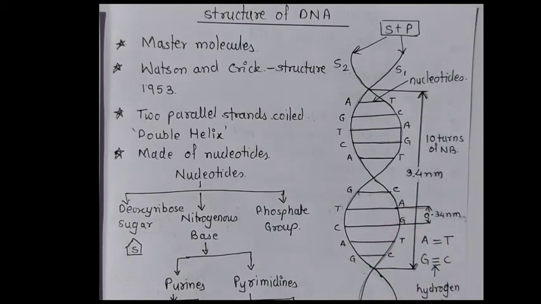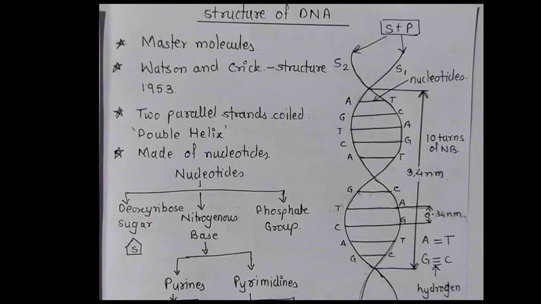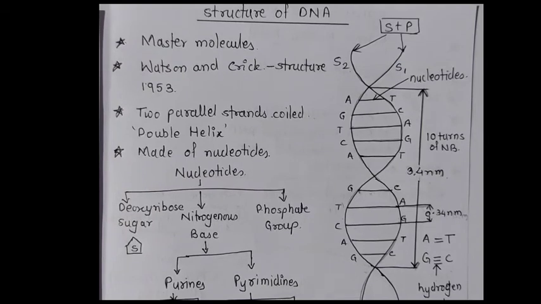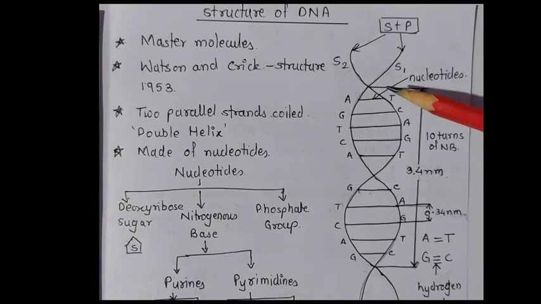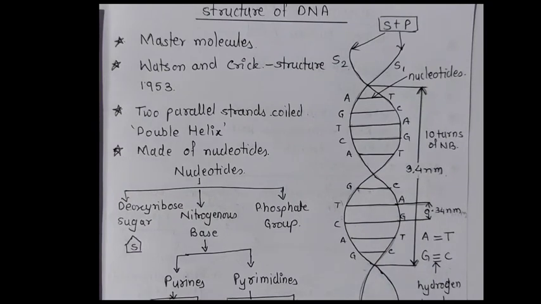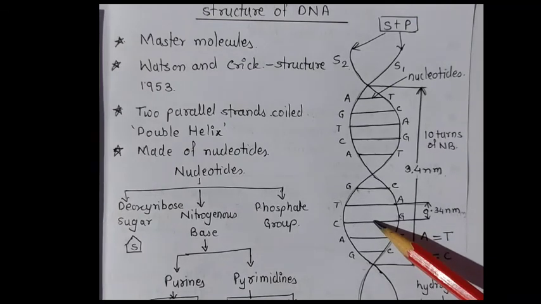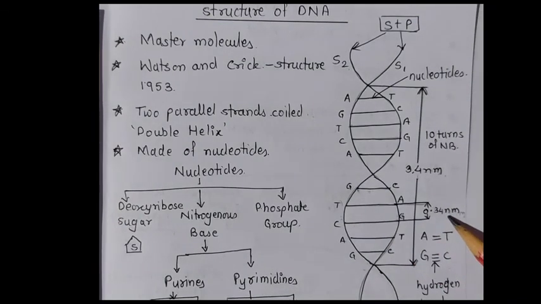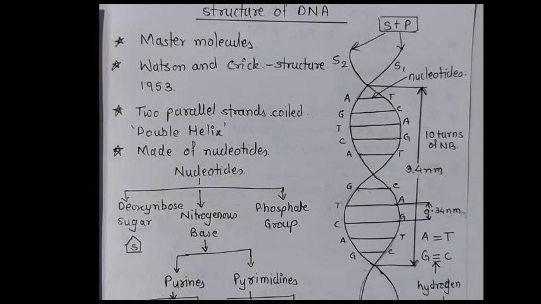The total length is not given, just one twist. How much length is it? 3.4 nanometer. The breadth from this end to this end is 2 nanometer, and the distance between the two segments is 0.34 nanometer. This is the structure.